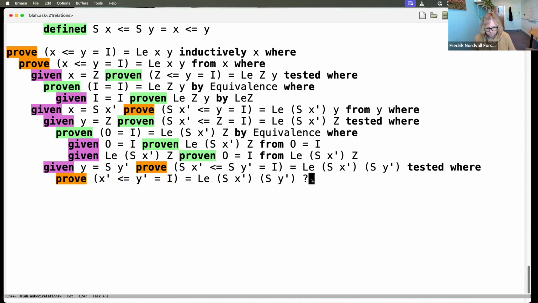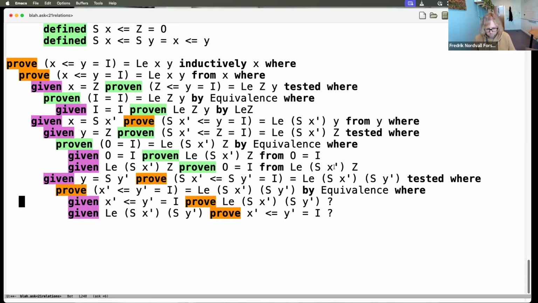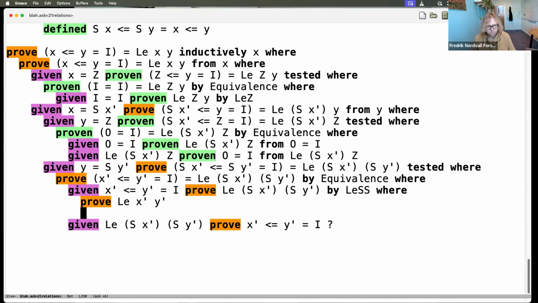So I'm going to go by equivalence. And now I'm being given one way then the other. Here I go by the double successor rule, and now I'm in good shape. Because I know, now here's the thing I have to do.